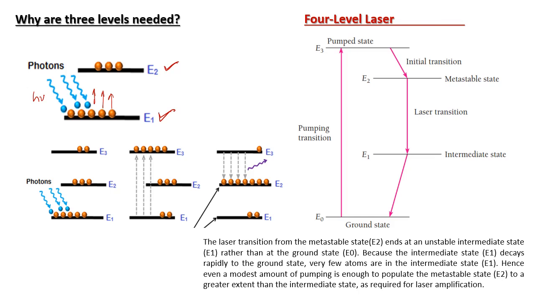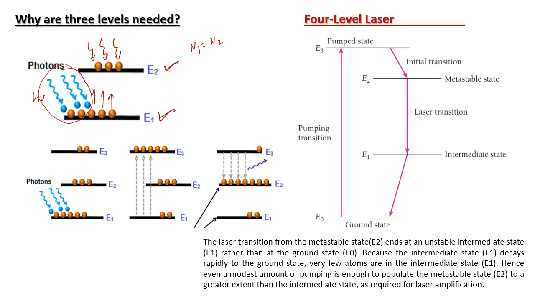However, at the same time, the pumping will stimulate downward transitions from the metastable state to the ground state. Because the probability is the same, the same photons are going to stimulate all the atoms present in the metastable state.